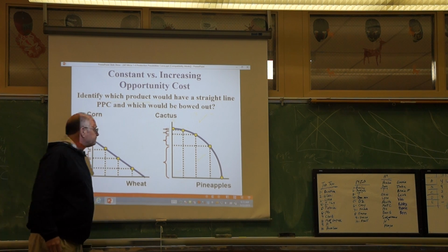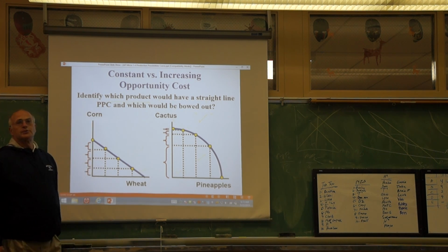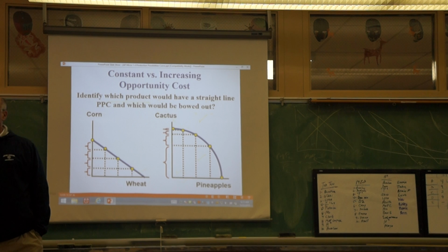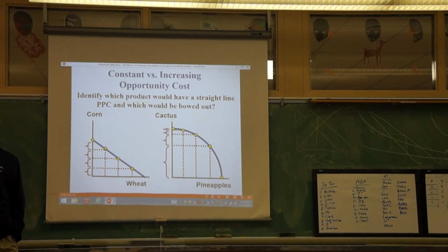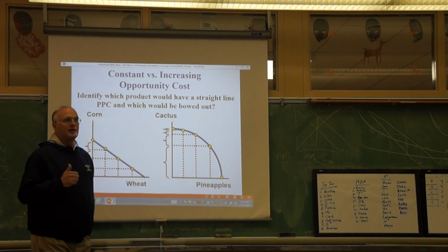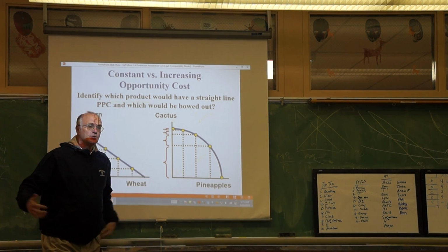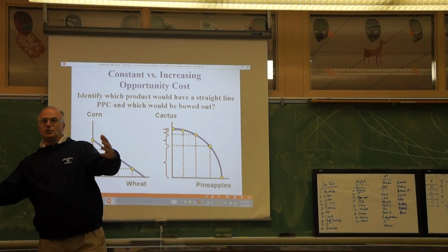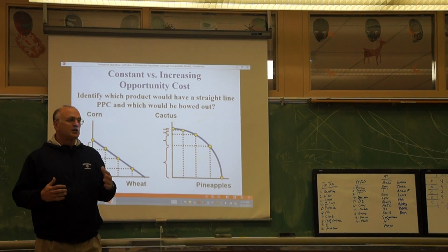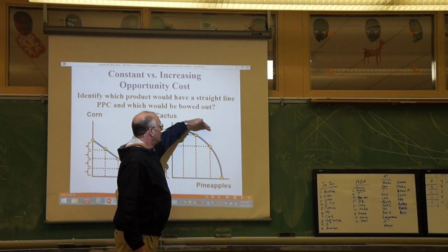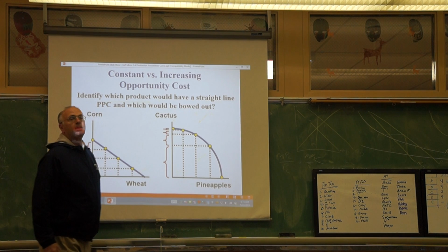Now, there are three shifters of these curves. The first one is a change in the amount of resources or the quality of resources. If there's a huge mass immigration to the United States, that will shift the curve out.